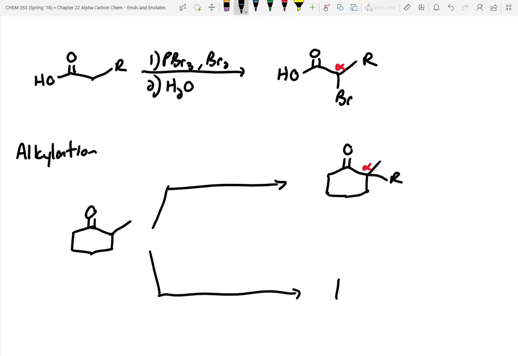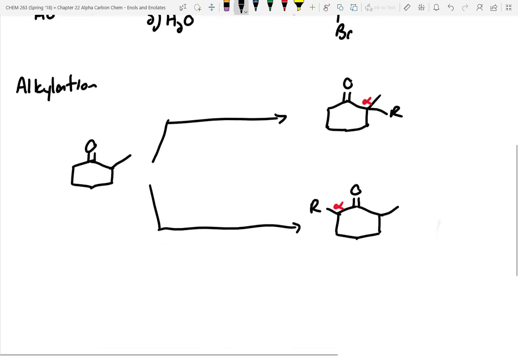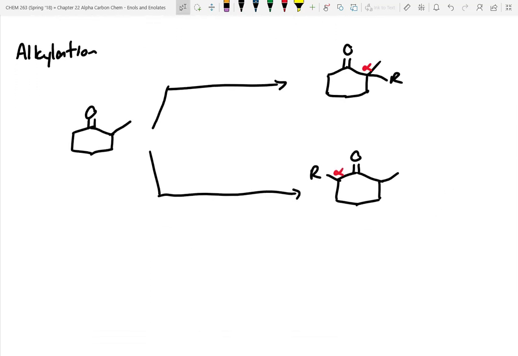And then we had an alternate set of conditions where we could favor alkylation on the less substituted side, on the left. Now we need to remember how to do either of these. So let's do the top one first. What should we do if we want to alkylate the more substituted alpha position? Do we want a big bulky base or small base? Small base. So NaH. Should we run this hot or cold?